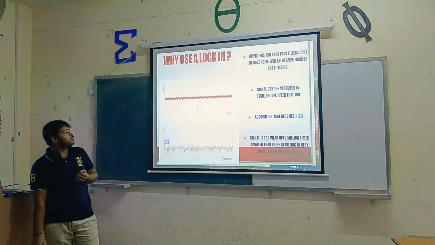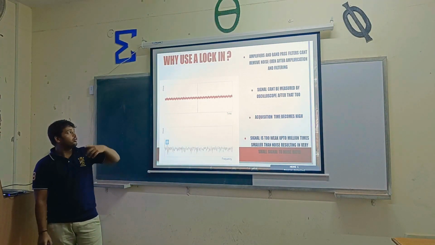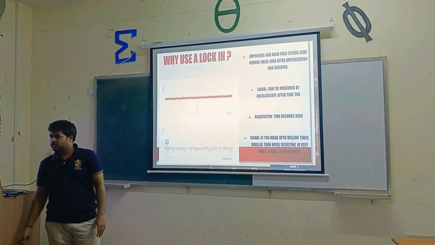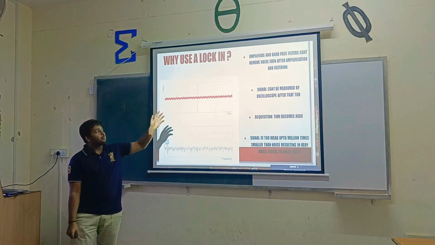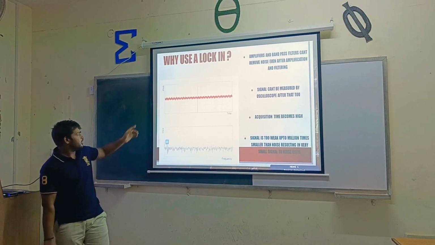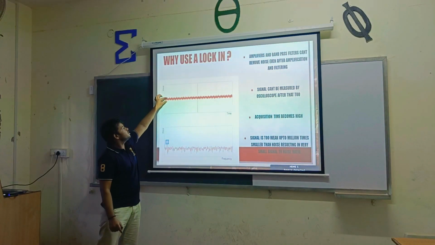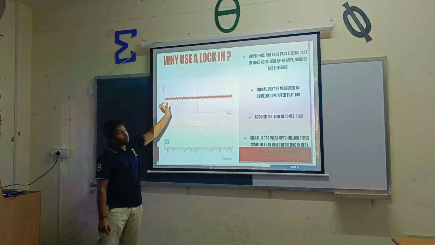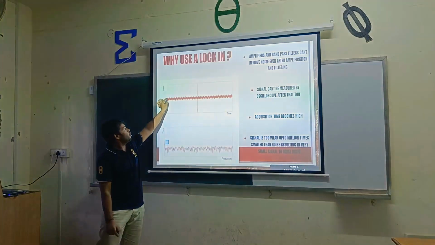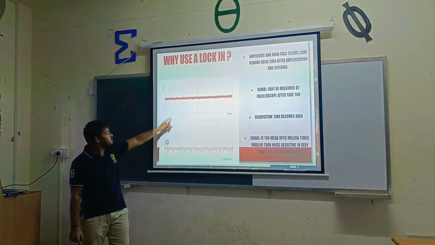Now, let's move to why we use locking instead of a normal detector. Amplifiers and bandpass filters can amplify large signals, but these are very small signals which contain the signal of our interest as well as the noise. The signal of interest is very small, but the noise components are very high.